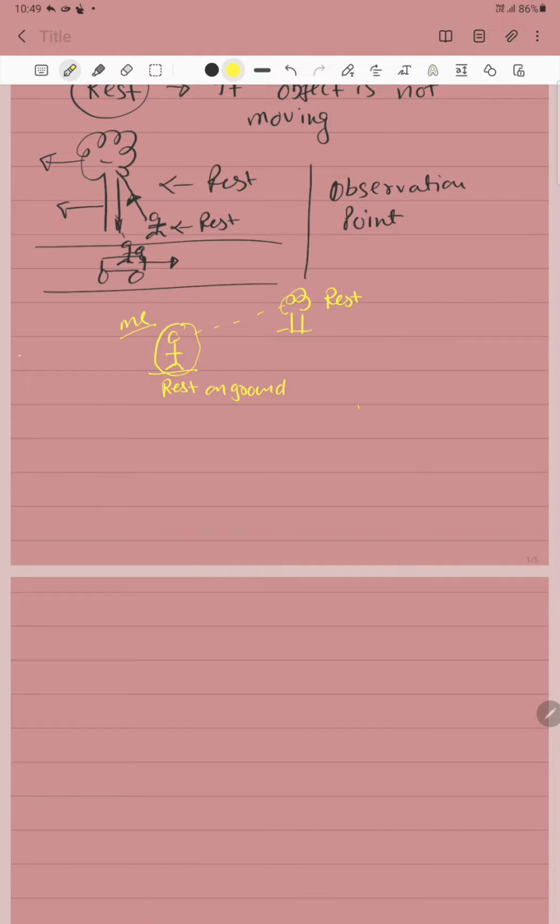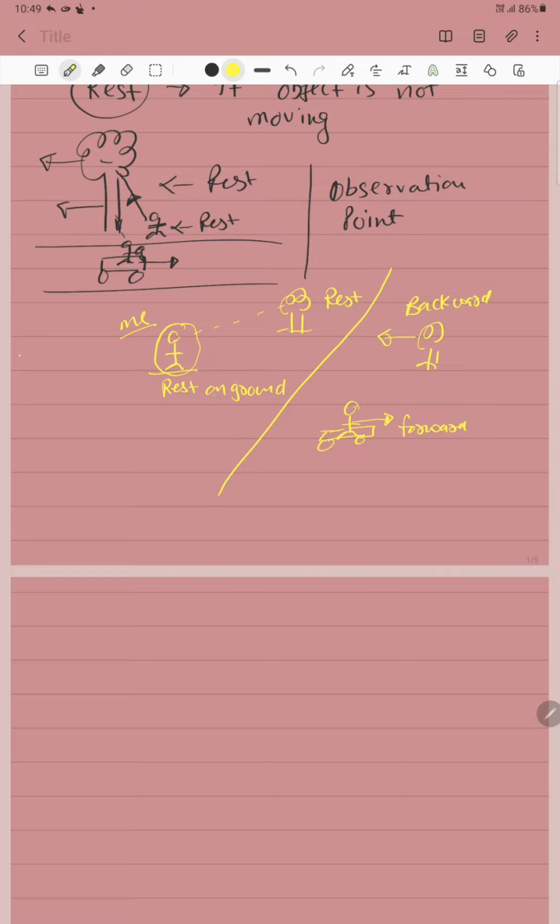But if the same person is on a skateboard, suppose, and he observes the same tree, now the person is going in the forward direction, he will say the tree is going backward. Same tree, he will observe that it is going in the backward direction, same person.